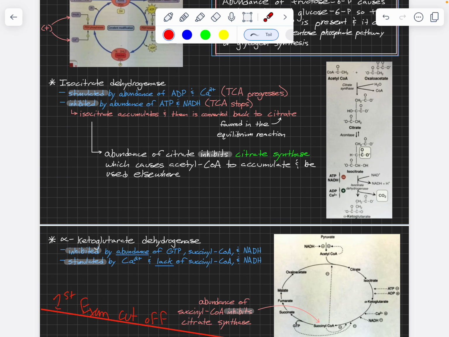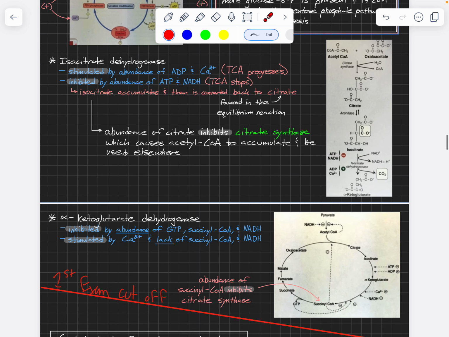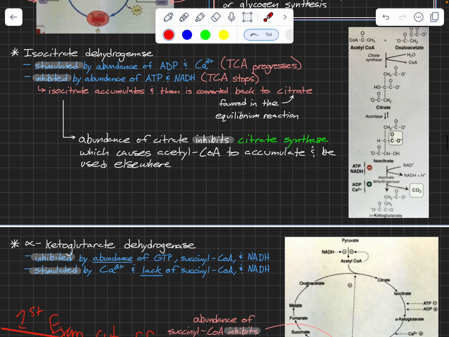And it's going to be inhibited by an abundance of ATP and NADH. And again, same concept. We have too much ATP that we're not using, and we have too much NADH that we're not putting through redox reactions to convert energy. So if we just have an overabundance of this, isocitrate dehydrogenase is going to be shut down. And then furthermore, an abundance of citrate inhibits citrate synthase, which again makes sense because if we're not using it, it's going to shut down the enzyme that makes it.